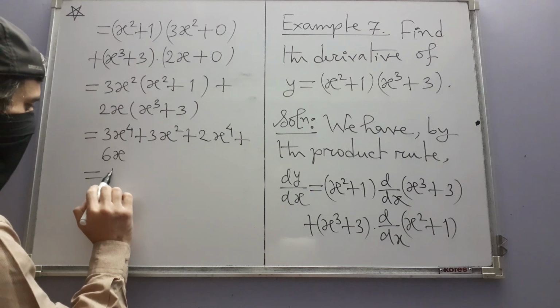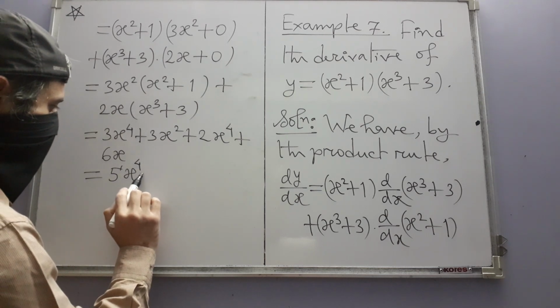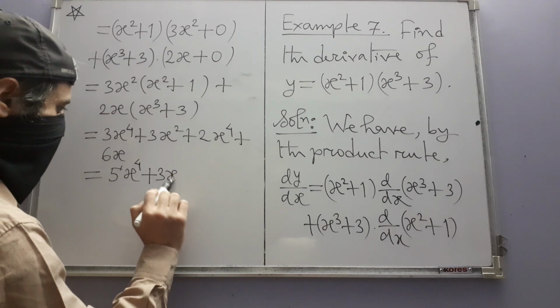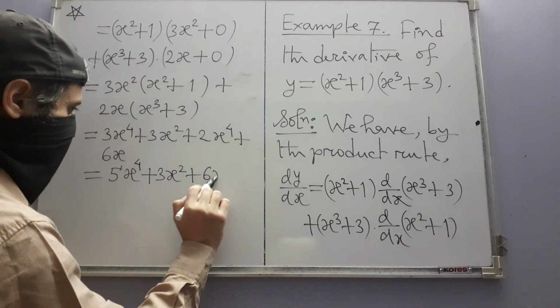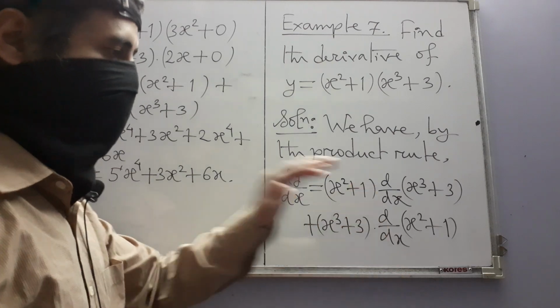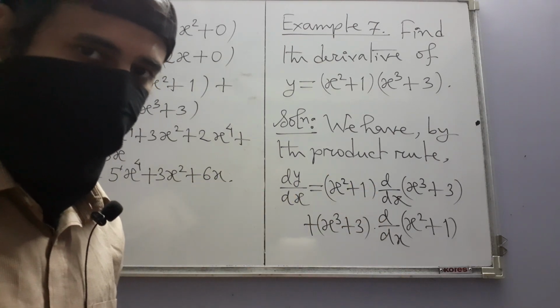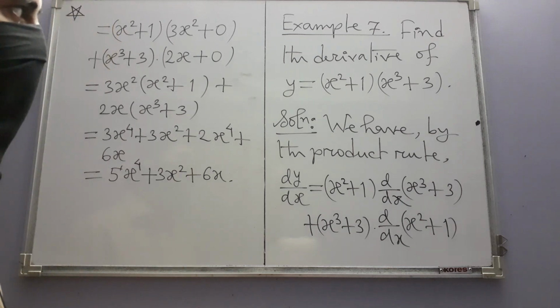That means this will be 5x to the power 4 plus 3x square plus 6x. Say someone does not want to use the product rule. In this case, that's possible.